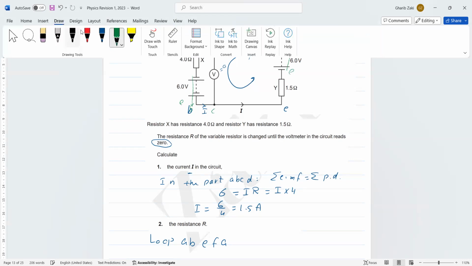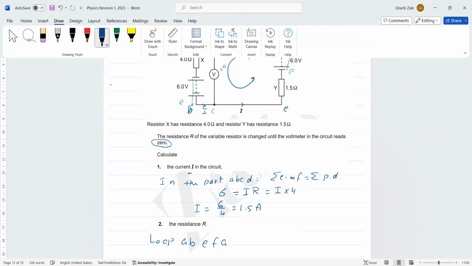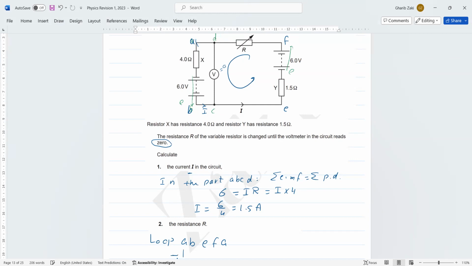Then negative I times R. We can replace by the value directly to save time. The current we got is 1.5. So negative because it's a resistor, negative 1.5 times 4 plus 6, and then minus 1.5 times the current 1.5, plus 6, minus R multiplied by 1.5 equals 0.